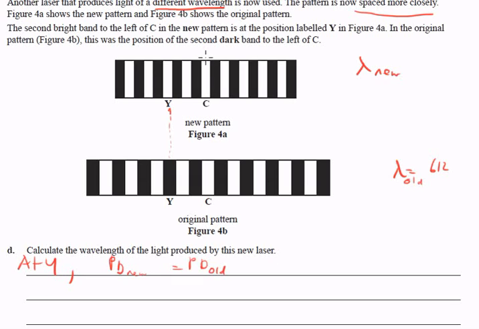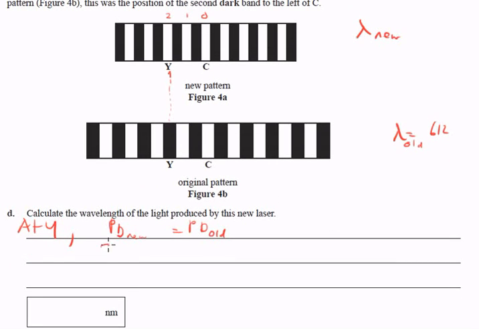Now this is 0, 1, 2 wavelengths out, so we know 2 of the new wavelengths, because path difference equals n lambda. So I'll put n, which is 2, is equal to, how many of this one?